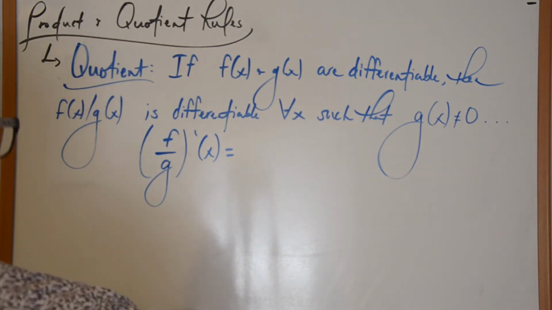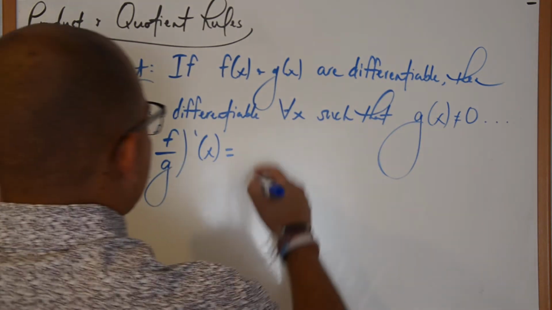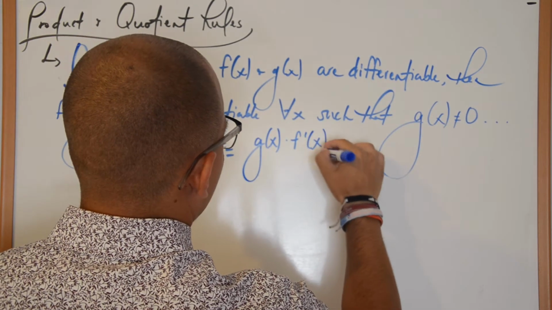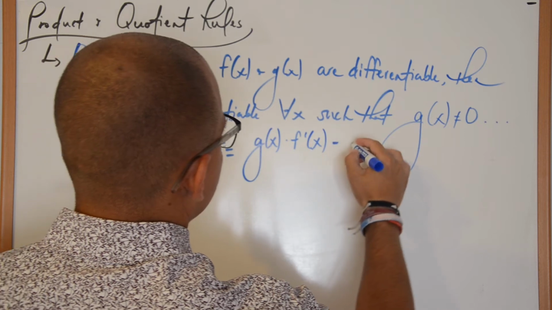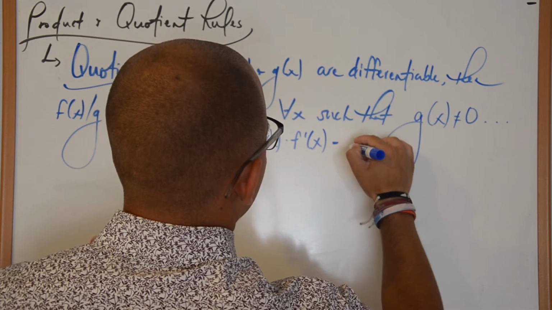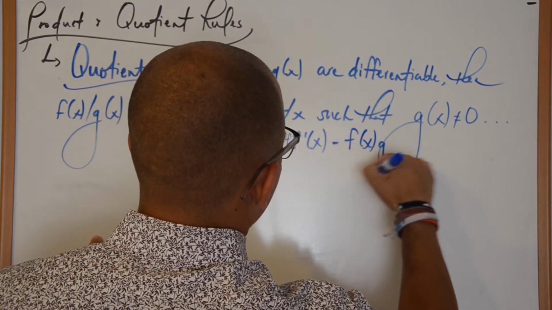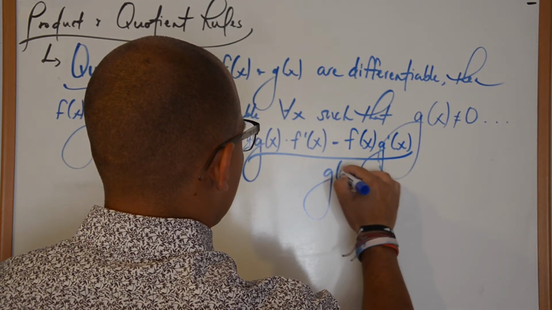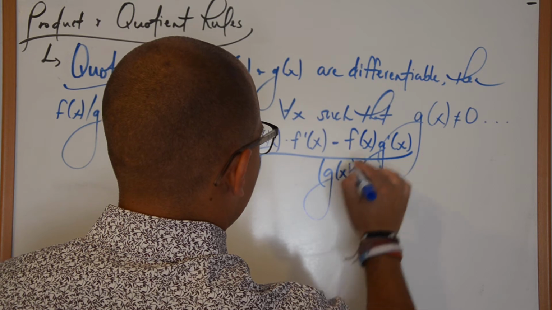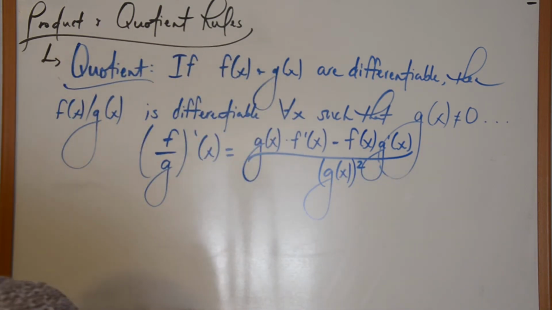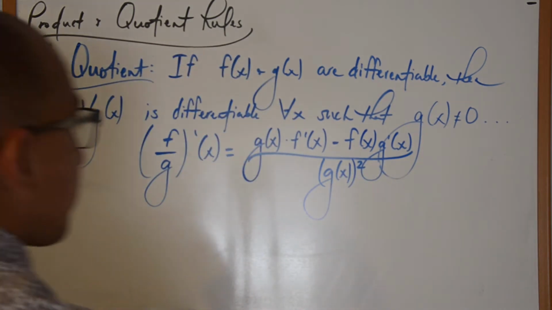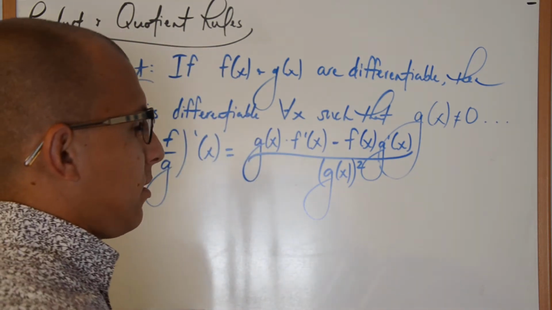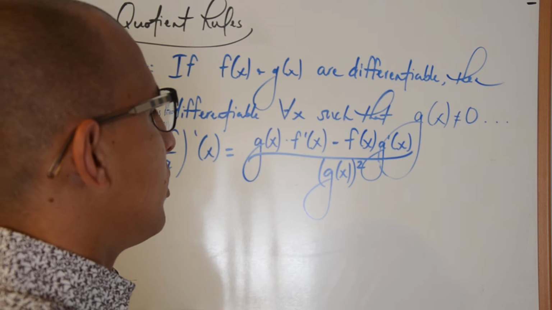So we want to take our function in the denominator and multiply that by the derivative of the top, or the numerator, minus, flip it, so the top times the derivative of the bottom, all over the bottom function, or the denominator, raised to the second power. There are a slew of mnemonic devices out there to assist you with this.